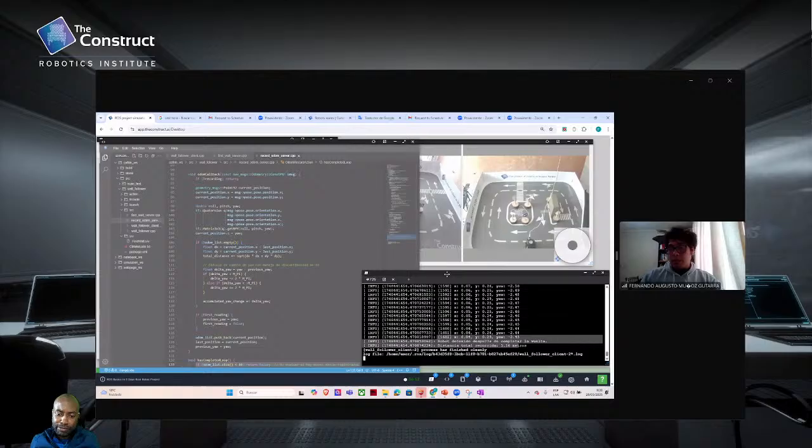But in programs you design on your own computer, if you have to start your nodes, you always start roscore, sorry, the ROS master.